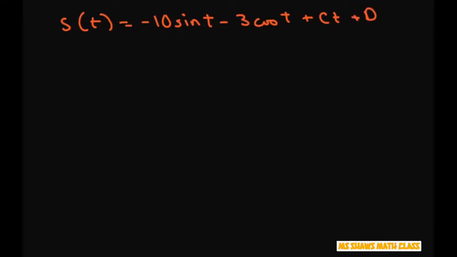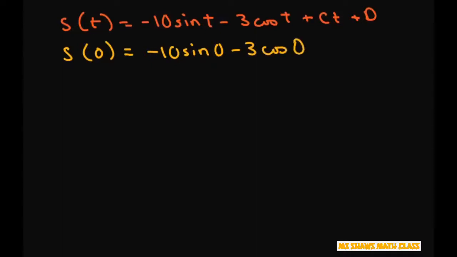Therefore, s of 0, which was given, is found by plugging in 0: negative 10 sine of 0 minus 3 cosine of 0 plus 0 times c, so that's 0, plus d.